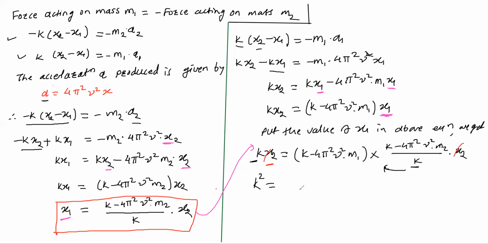So the remaining term will be k minus 4 pi square mu square times m1. This is m1, and here the remaining is k minus 4 pi square mu square into m2. Okay, so again solve this bracket.